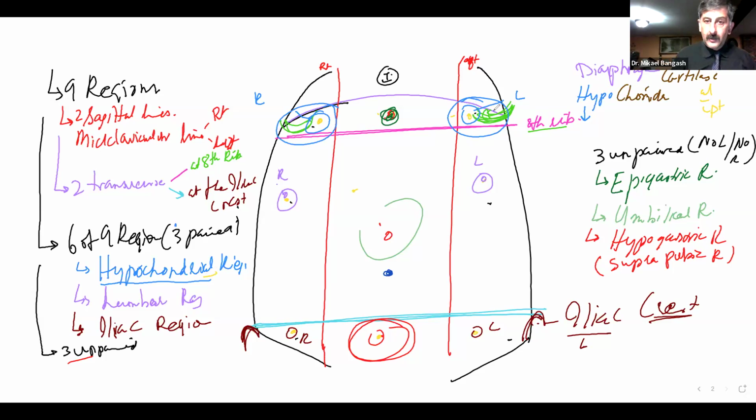That's mainly because that's the region that runs below what we would call the costal cartilages. So mainly because of the region that lies below your costal cartilages, that's why they call them the hypochondrial regions.